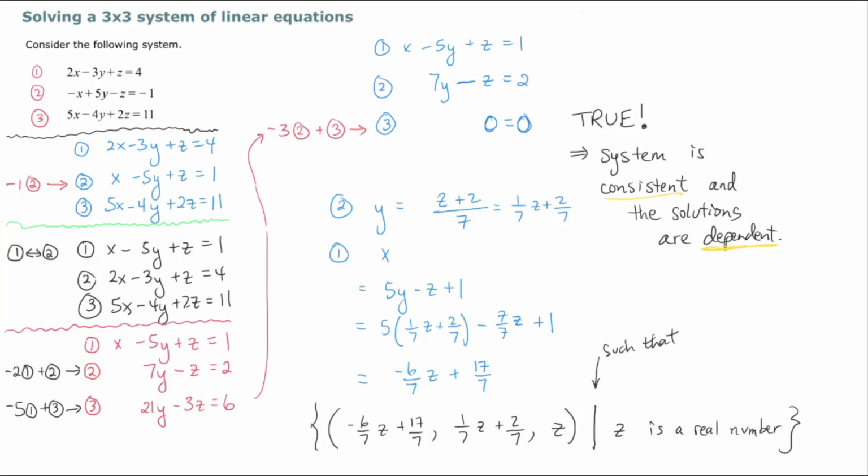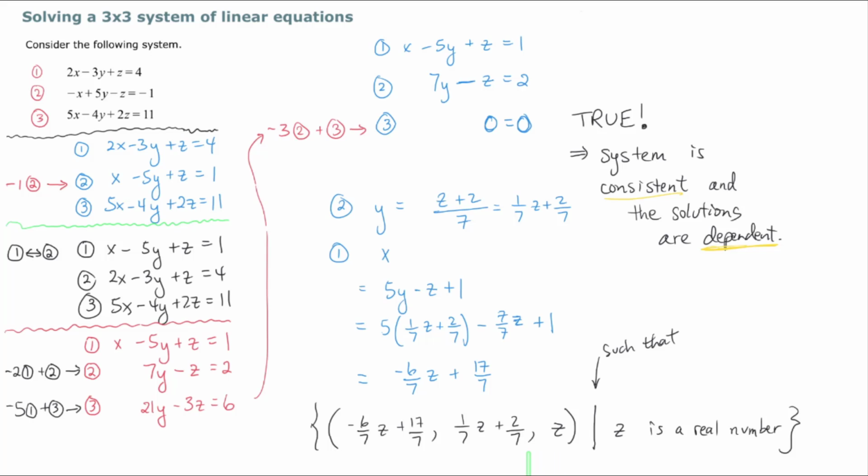Notice for equation 2, you could solve for z instead of y. And if you did that, you're going to get some different patterns here. You wouldn't have z anymore, you would have y. But in the end, it's going to represent the same ordered triples.